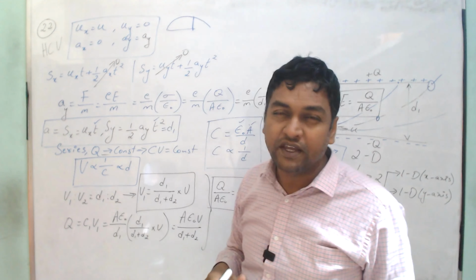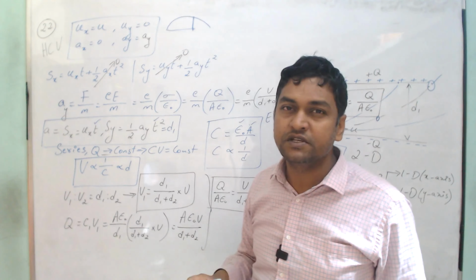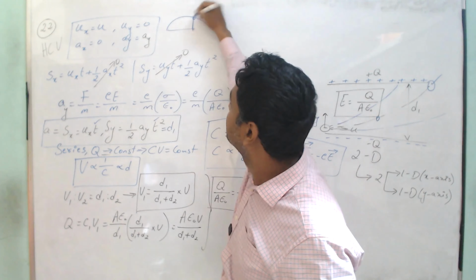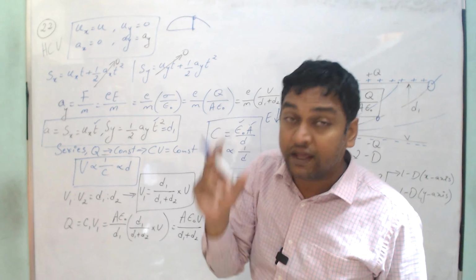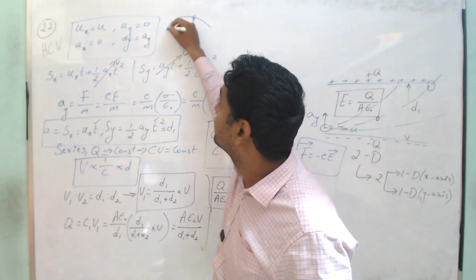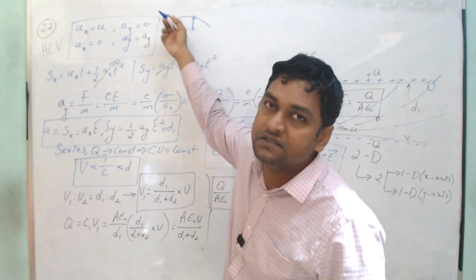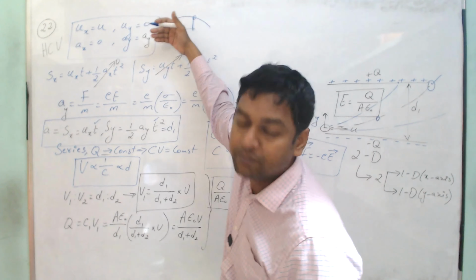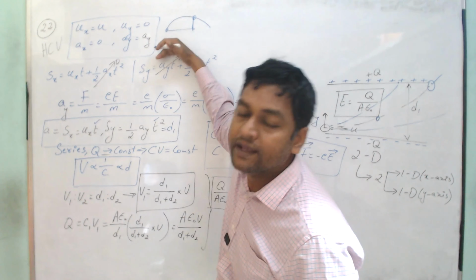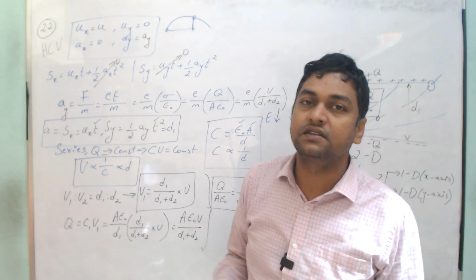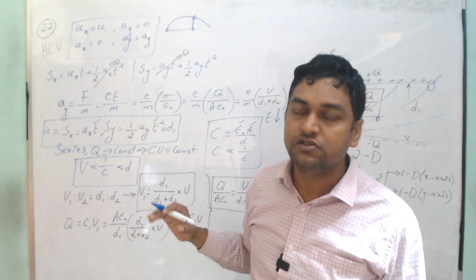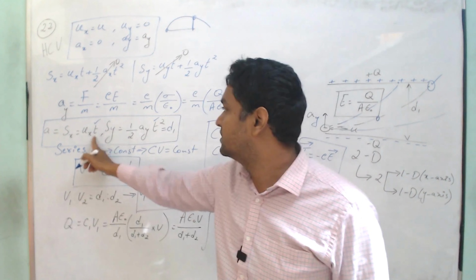But the ball is the same, right? It's one single object. The time taken by the ball to go from here to here is the same, and at the same time I'm using x-axis equations and y-axis equations. That's the basis on which I am solving this question. So t is basically the same.